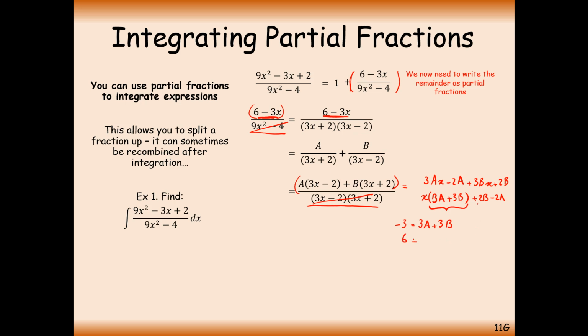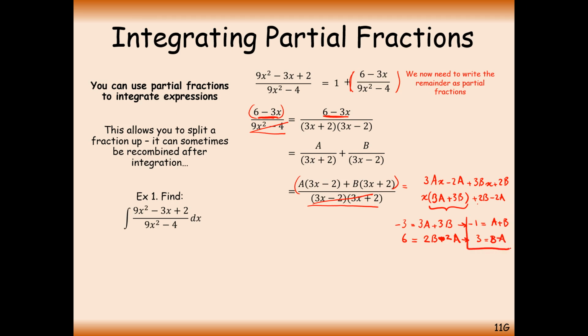So 6 is equal to 2 lots of B minus 2 lots of A. We can divide this by 3 to get minus 1 equals A plus B, and we can divide the second equation by 2. 3 will equal B minus A.